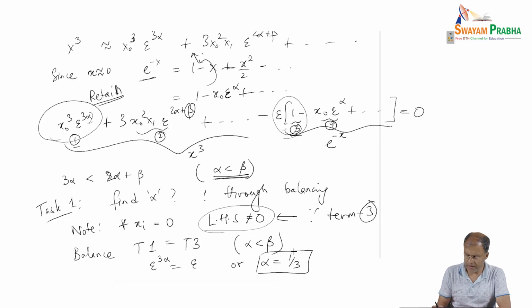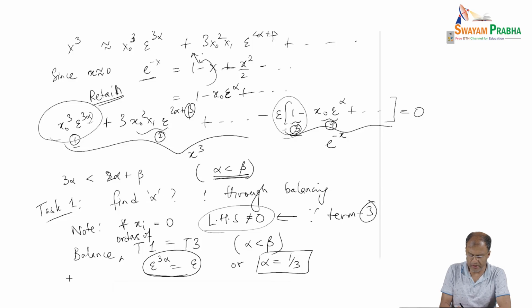So then if we try and do that, notice that since we have balanced term number 1 equal to term number 3, we balance the orders of term 1 and term 3, and that is what brings us to the value of alpha.